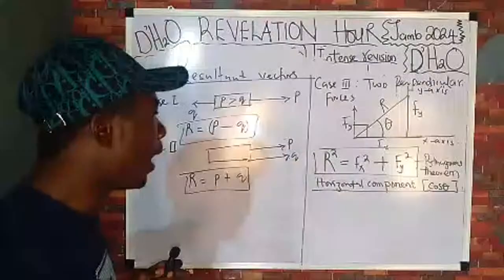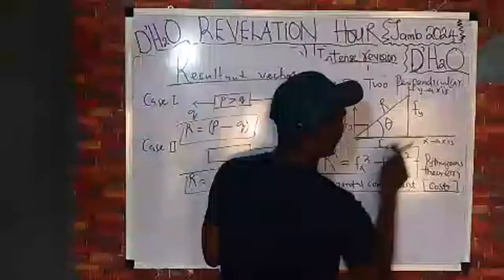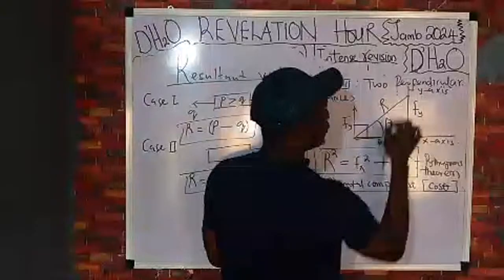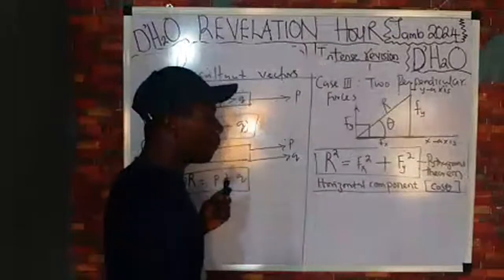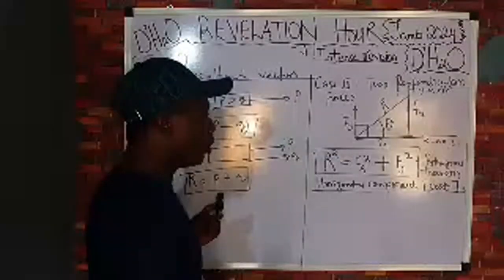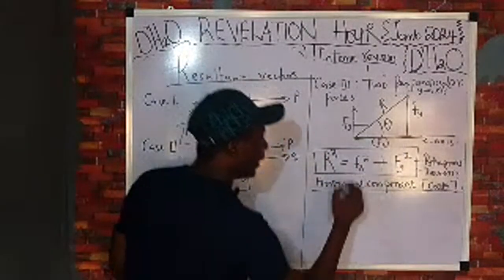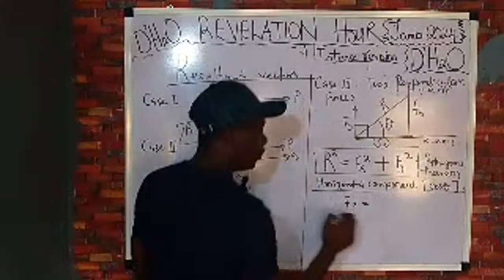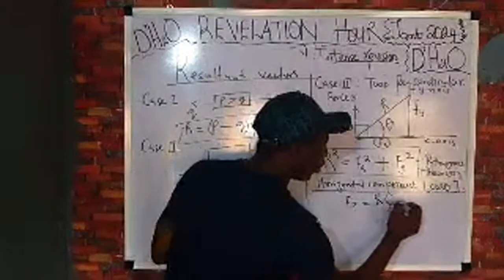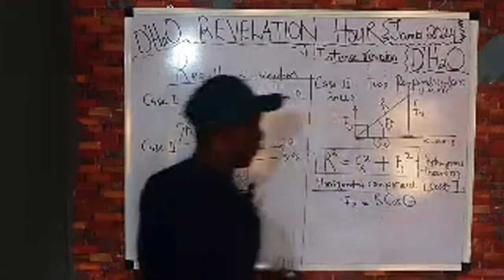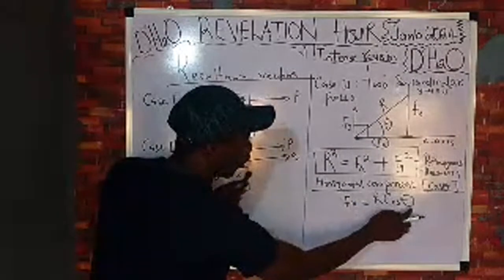Why? Because I explained before that along this side is the x axis, and if you resolve it here, it will be cos theta. And because of that, our Fx, if you are finding this force here, your Fx will be R cos theta. Write it down fast. Fx is R cos theta.